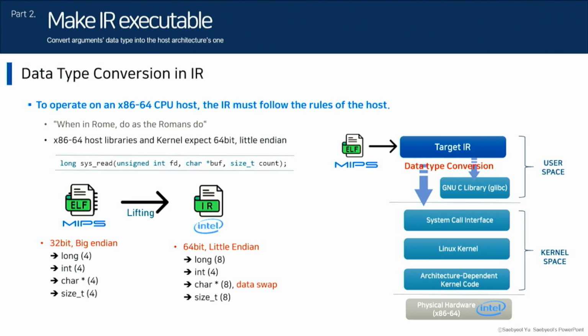For a 32-bit big endian MIPS CPU, the argument types for functions, such as long, integer, and character pointer, are all 4 bytes in length. But on a 64-bit Linux host, all types except for integer have a length of 8 bytes. And furthermore, due to the difference between little and big endian, data values need to be swapped when being sent to and received from the host.